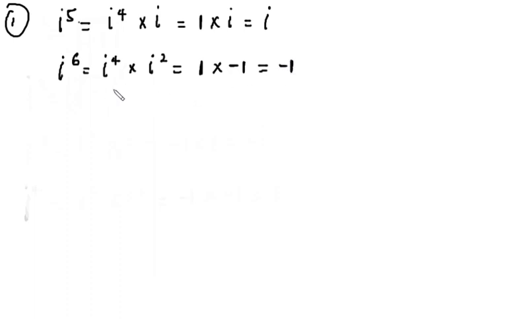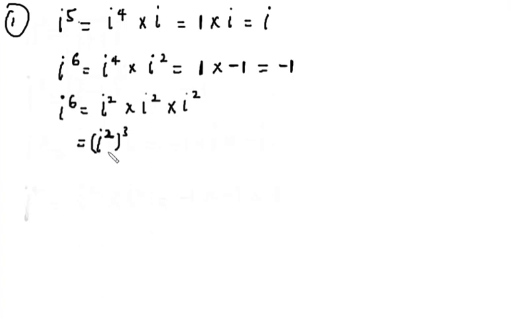Say we want to solve i to the power of 6 and break it down into a different form. We could say i to the power of 6 is i to the power of 2 times i to the power of 2 times i to the power of 2. So this could be interpreted as i to the power of 2, all to the power of 3 outside, so we have a cube.